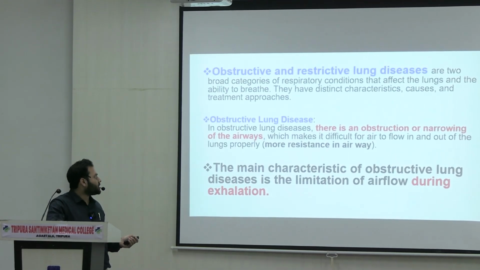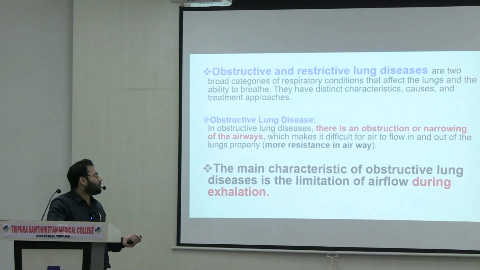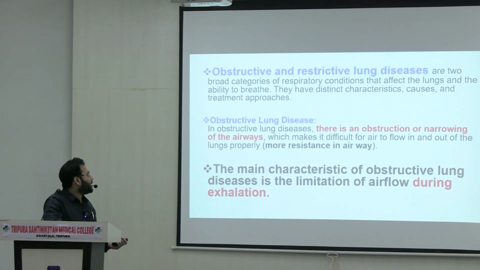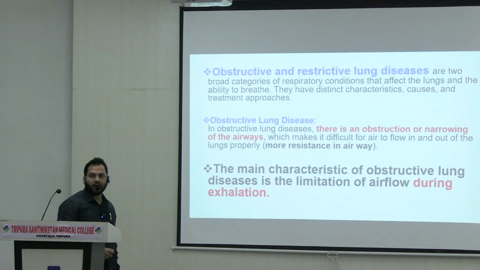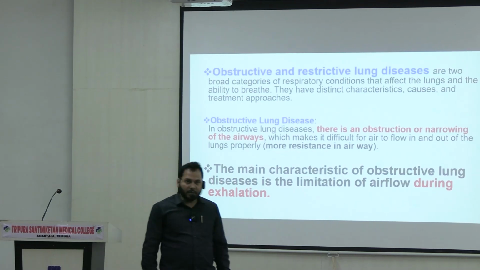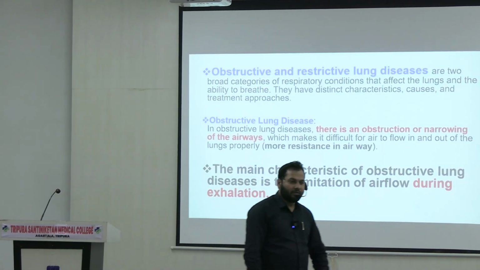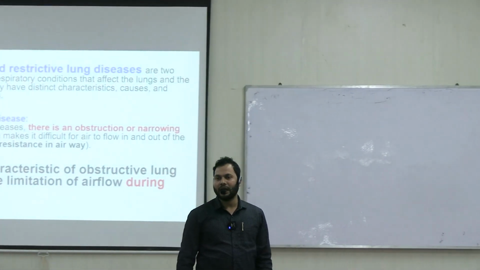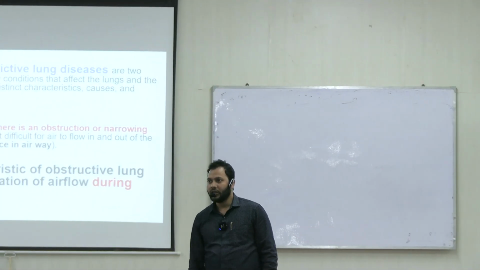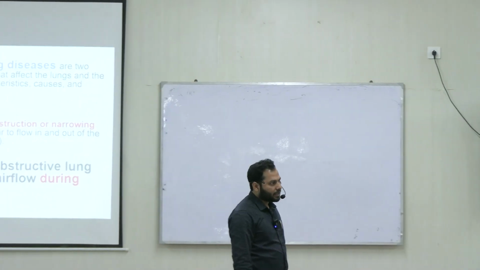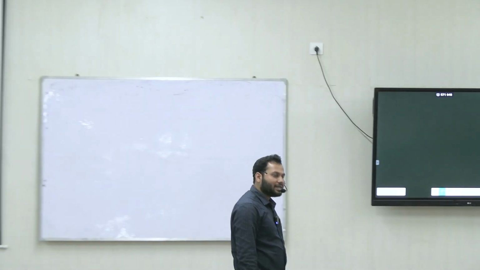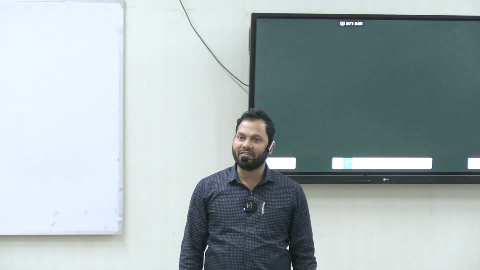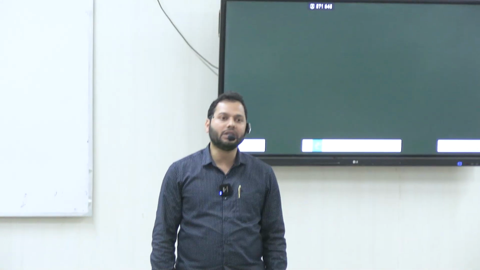Due to these obstructions, it is difficult for air to flow in and out of the lungs properly. It means obstructive lung disease affects both the inhalation and exhalation process. If I say more correctly, it is the disease which mainly affects the exhalation process, right?